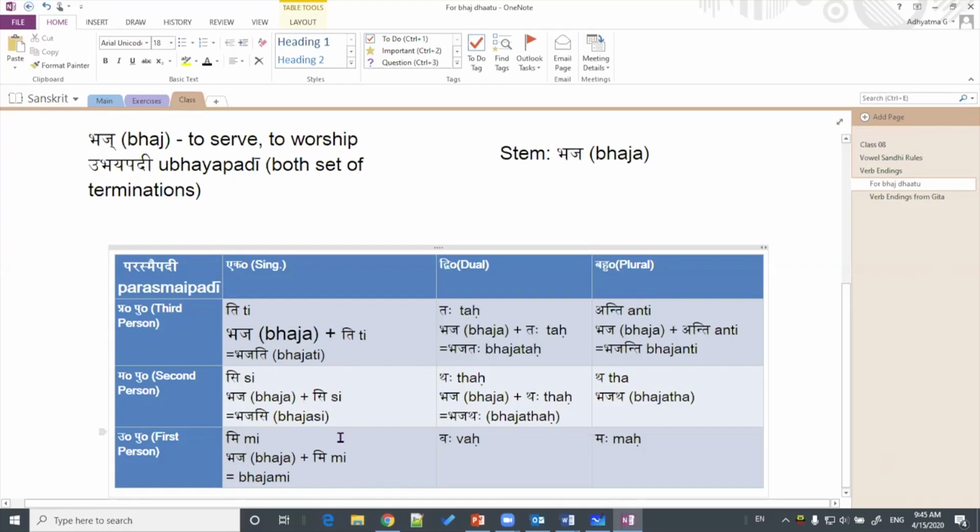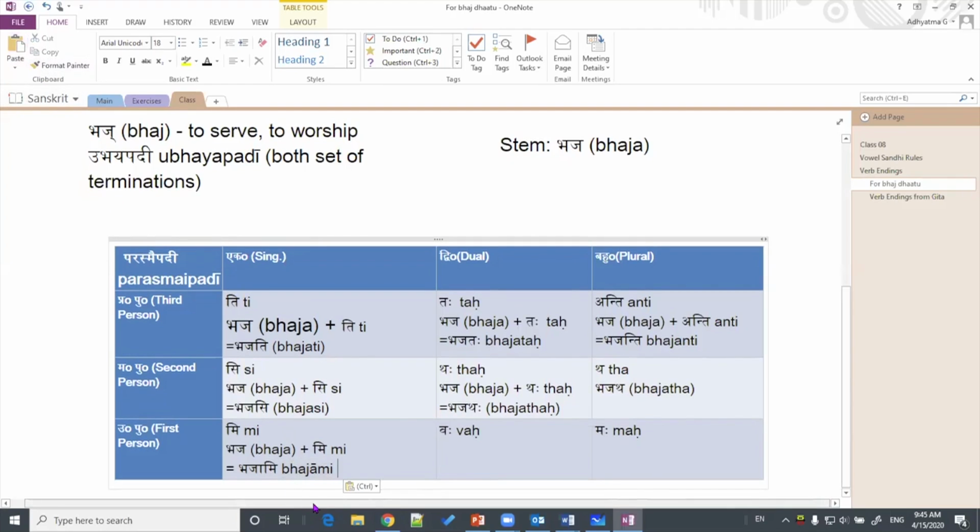There are certain rules because of which it becomes bhajami with a long a, not bhajami with a short a. And it becomes bhajami.